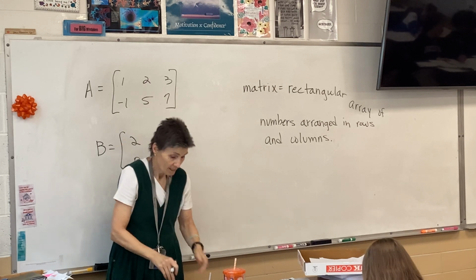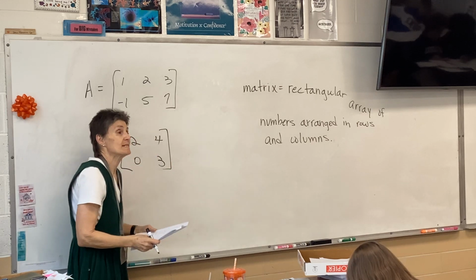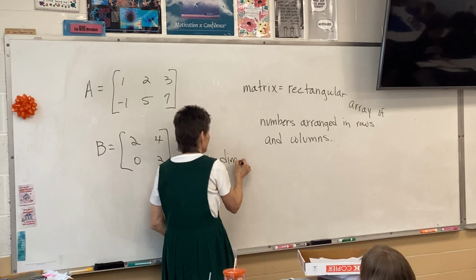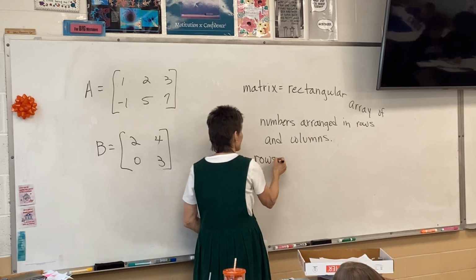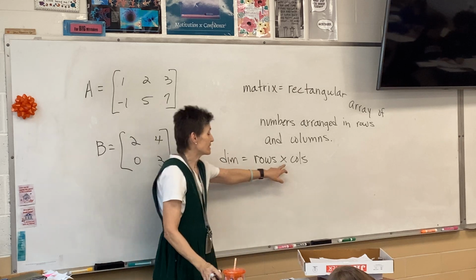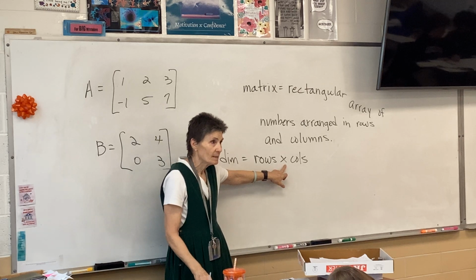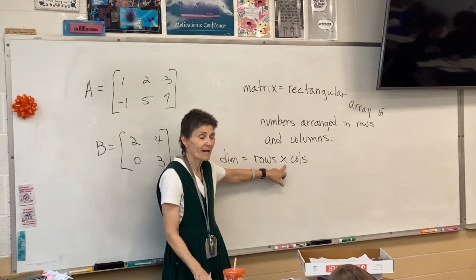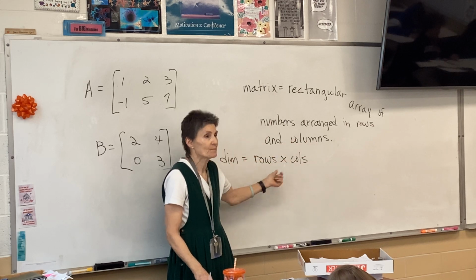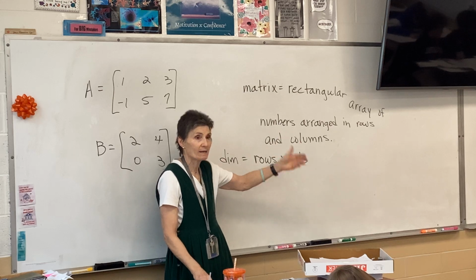When I talk about the dimensions of a matrix, the dimensions are rows by columns. This is not a times sign. It's rows by columns. Like if you go to the lumber yard and buy a 2x4, that's what this is, rows by columns.